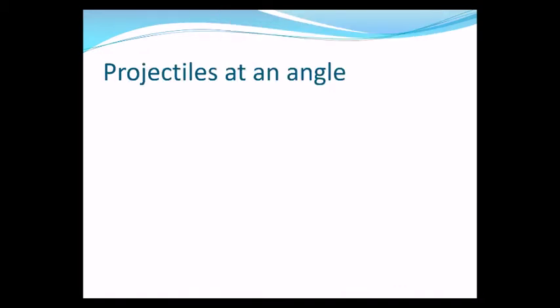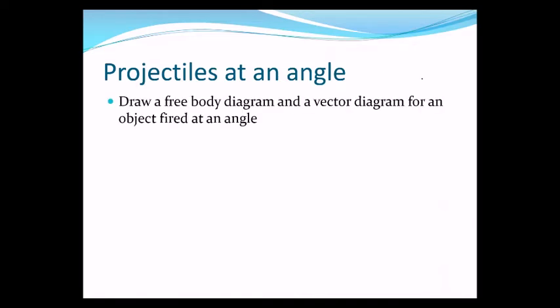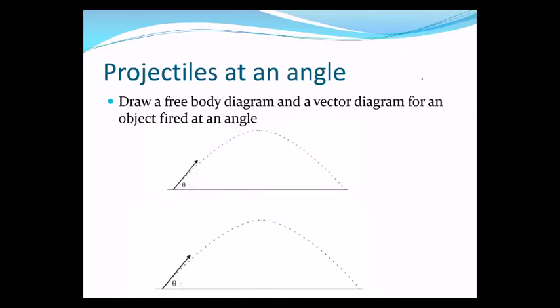The other type of question that we can do is projectiles at an angle. So we're going to draw a free body diagram and a vector diagram for an object fired at an angle. Okay, so we're going to do that on the whiteboard here.